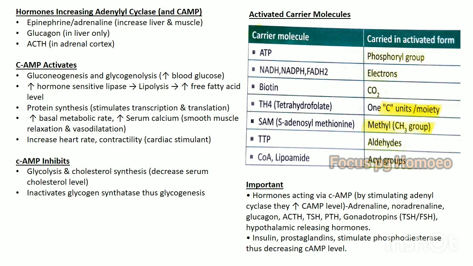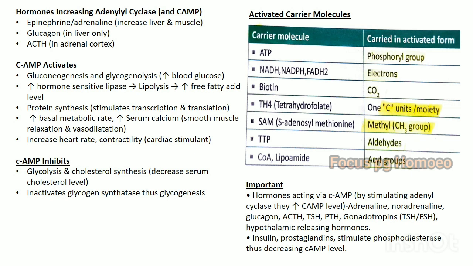Hormones which increase adenyl cyclase and cAMP, that is cyclic adenosine monophosphate, are epinephrine, adrenaline, which acts in the liver and muscles, glucagon, which acts in the liver only, and ACTH, which acts in the adrenal cortex. cAMP increases blood glucose by gluconeogenesis and glycogenolysis, and it increases free fatty acids by lipolysis, by increasing hormone sensitive lipase.